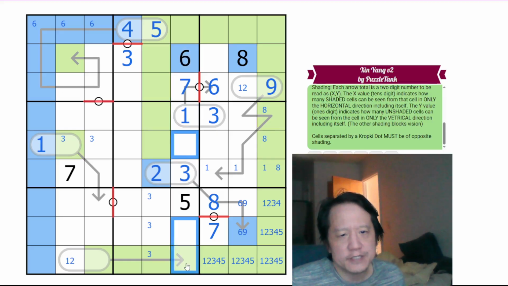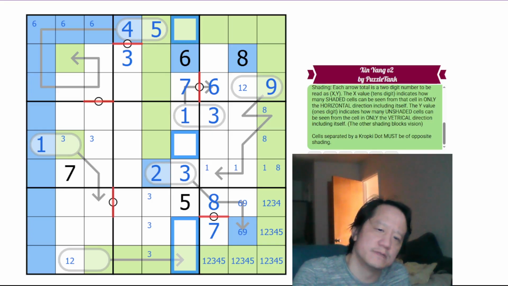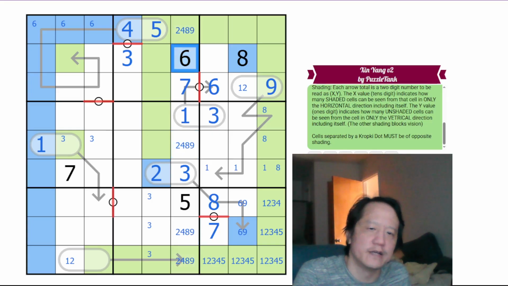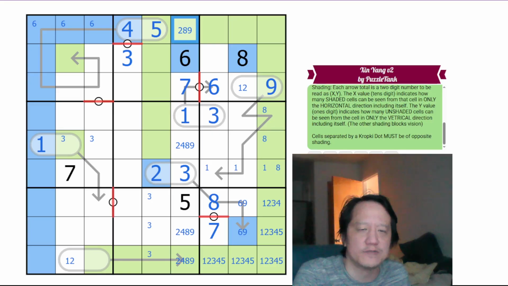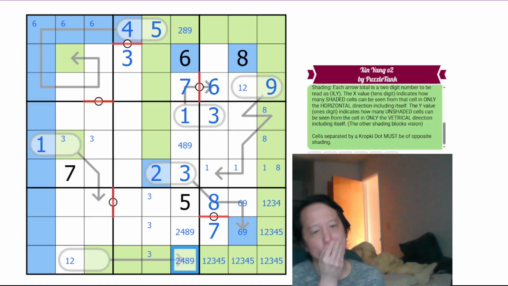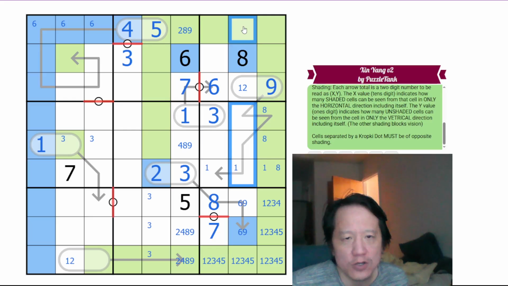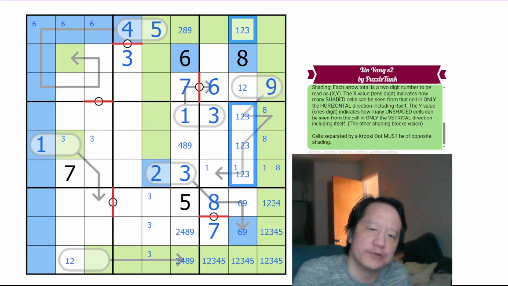Okay, remaining digits of column 6. We have 2, 4, 8, and 9 available. This can't be 4 because of 4 in the box. This can't be 2 because of 2 in the box. Remaining digits of column 8. We have 1, 2, 3, 4, 5, 7 as possibilities.